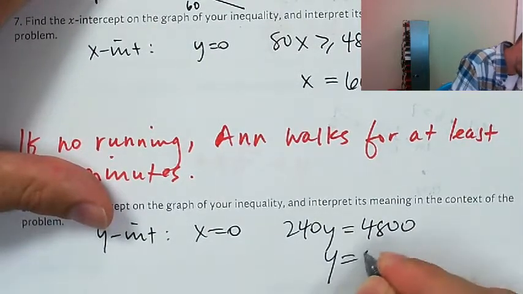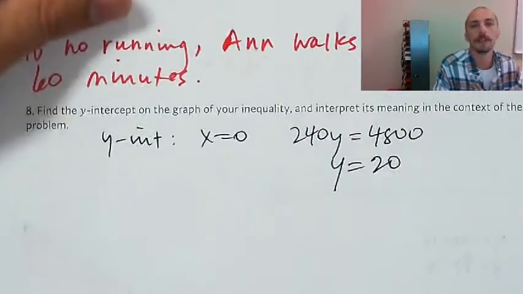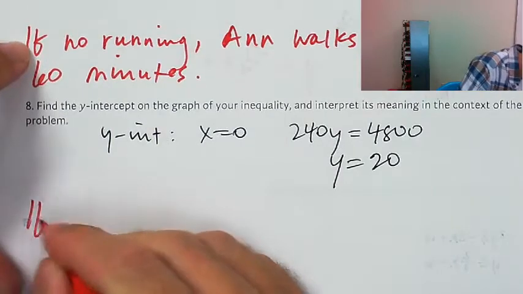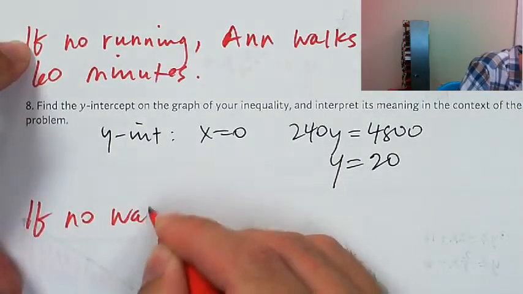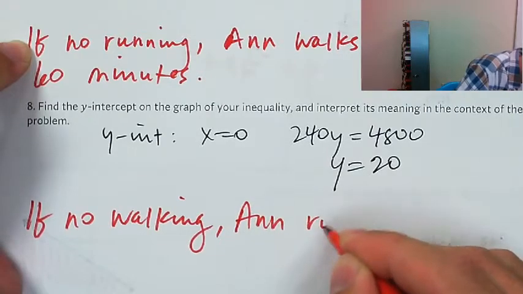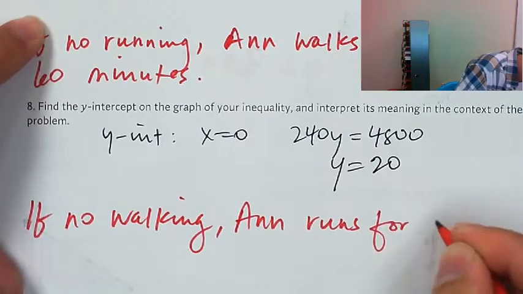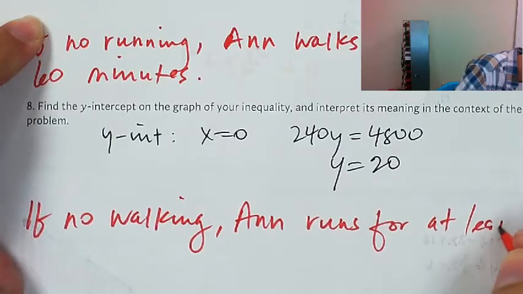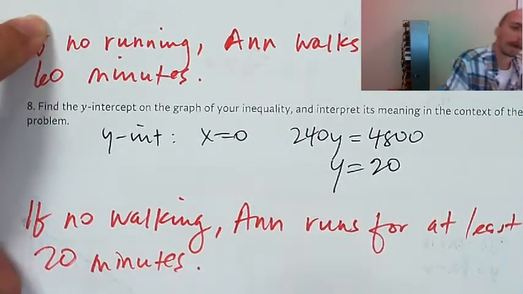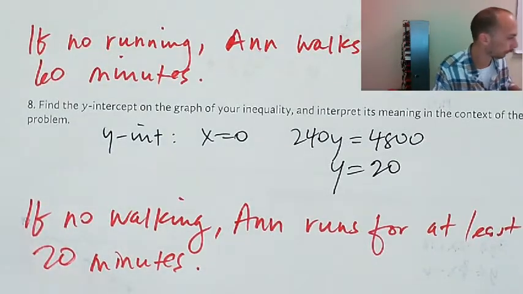Okay, and that's y equals 20. And I would say that if she did no walking, she's going to run for at least 20 minutes. Okay, and that's all for Form A.